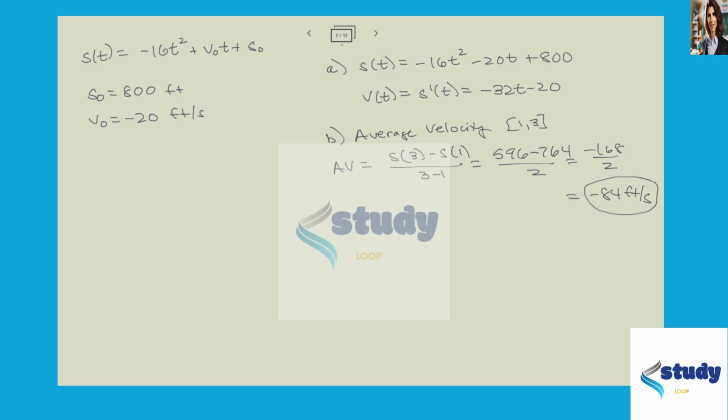Now I want the instantaneous velocities. Instantaneous velocity means I want to use my velocity function. So I'm going to find the velocity at 1 second and the velocity at 3 seconds. This time you're using the velocity function.